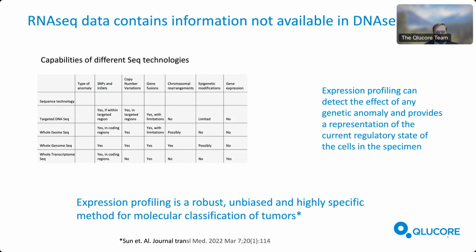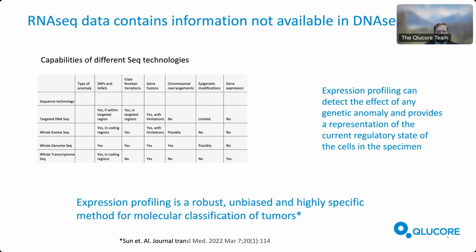And to expand a little bit on that, I have made this table of capabilities of different sequencing techniques. So if we start from the top, we have targeted sequencing that sequence a defined part of the genome, usually a pretty small part, focusing on specific genes. And it detects SNPs and indels in the targeted region.